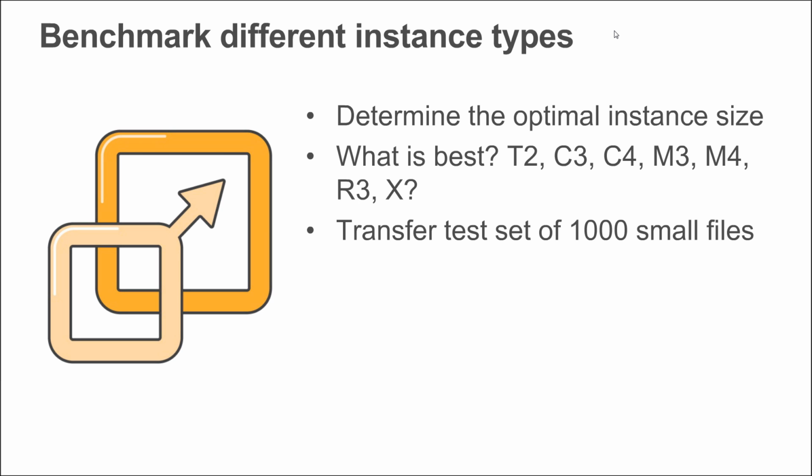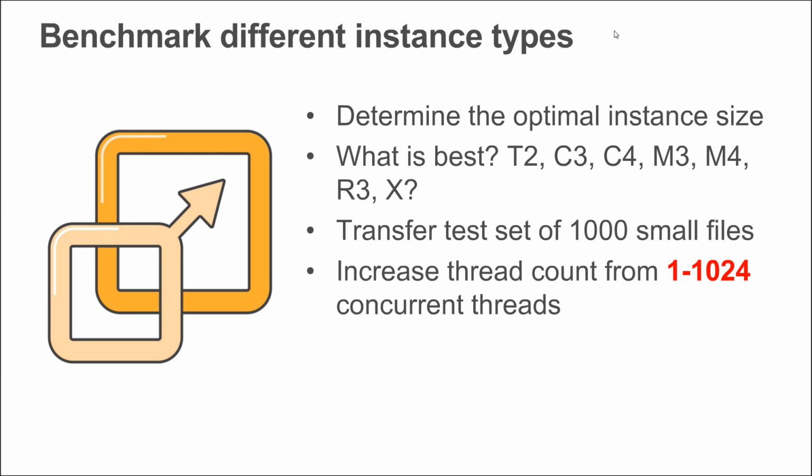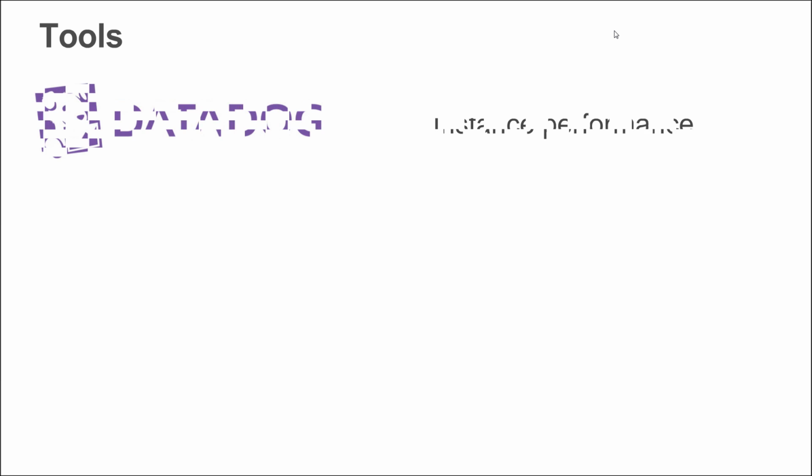And my initial test size was 1,000 small files, and that was spread across all instance types like T2 nano, small, medium, large, and so on. And on each instance, I increased the thread count. I iterated from 1 thread up to 1,024 threads.